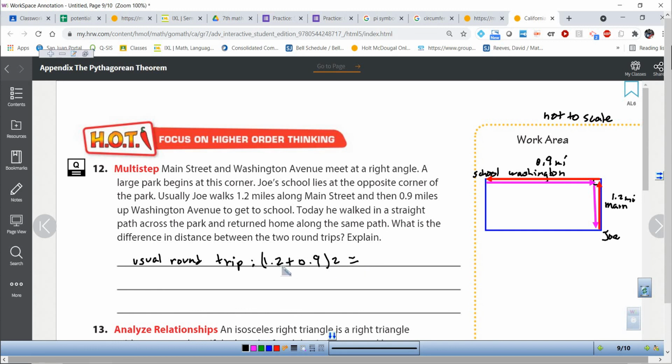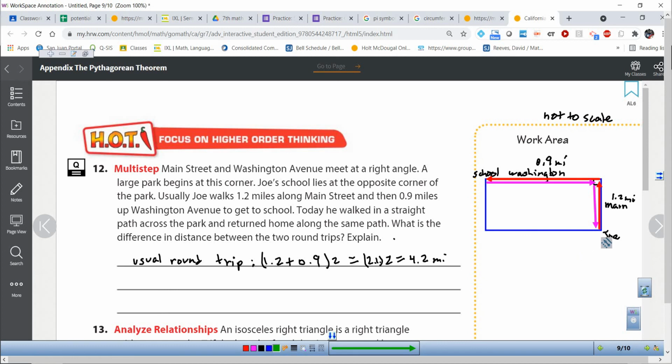I think I could do this without a calculator. 1.2 plus 0.9, that's going to be 2.1. And 2.1 times 2 is going to be 4.2 miles. So his normal trip is 4.2 miles.